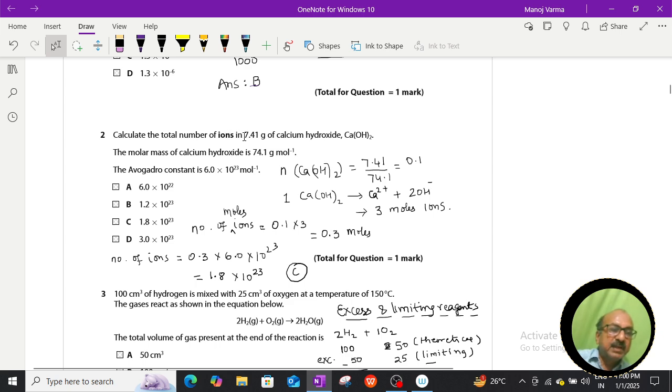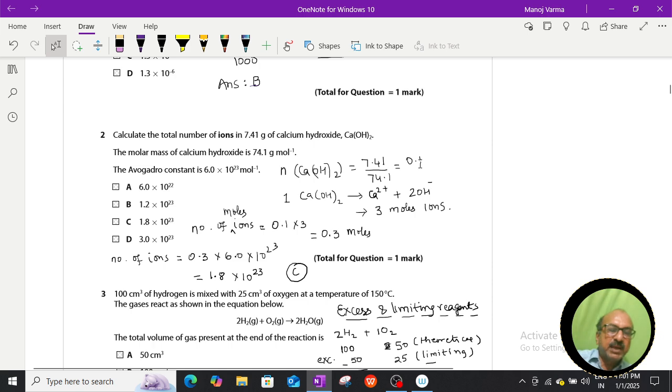So here the catch is that you have to understand that 1 mole of calcium hydroxide is made up of a calcium ion and 2 hydroxide ions, so in 1 mole of calcium hydroxide there are 3 moles of ions. This is the catch. This is the thing which students can miss.